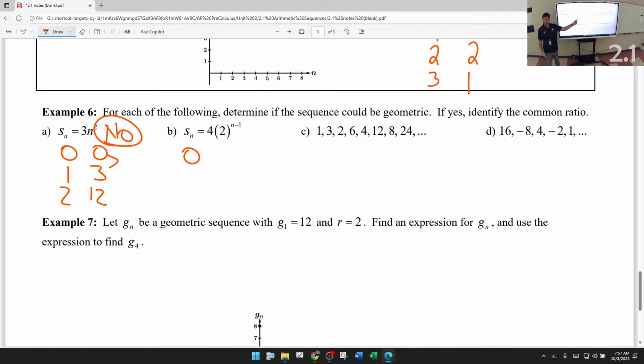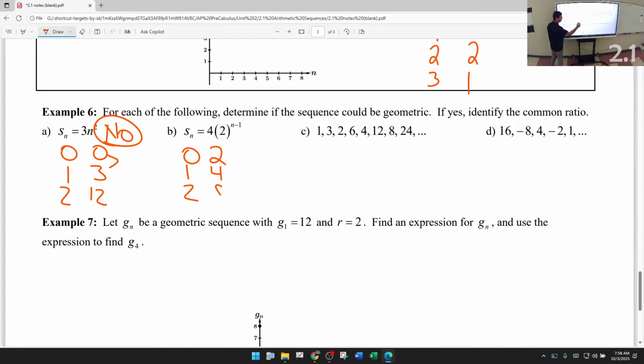That kind of looks like the geometric formula, right? So it probably is. 2 to the 0 minus 1, that's negative 1. 2 to the negative 1 is 1/2. It flips it. 1/2 times 4 is 2. 1. 1 minus 1 is 0. 2 to the 0 is 1. 1 times 4 is 4. 2. 2 minus 1 is 1. 2 to the 1 is 2. 2 times 4 is 8.